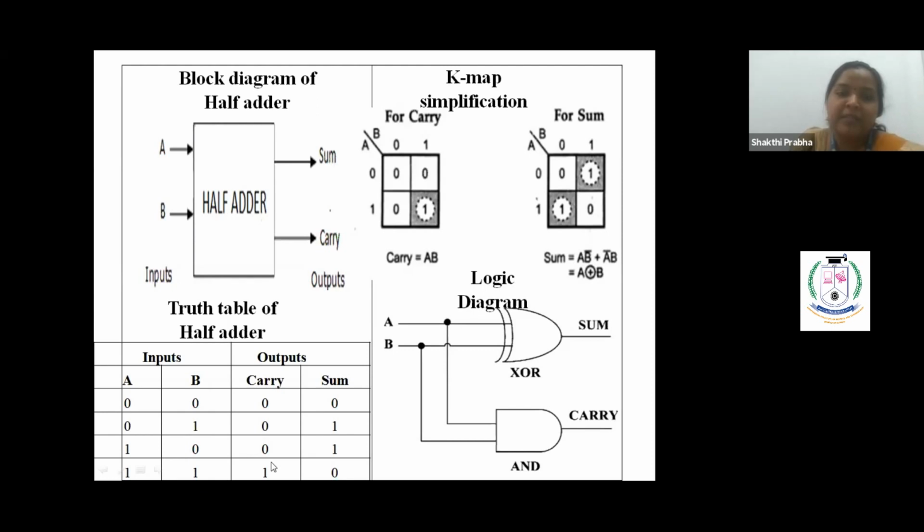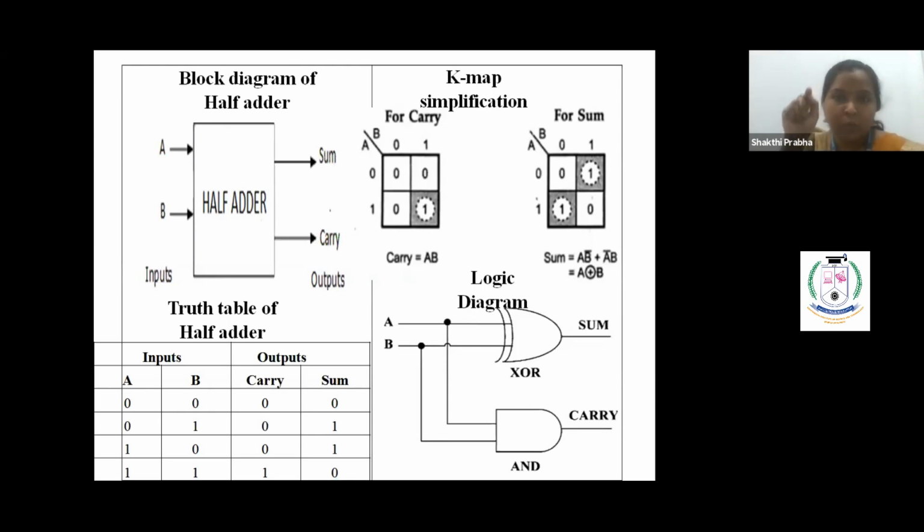How come you are getting it? Normally, you just take an example. You perform a normal decimal addition. 1 plus 1 is nothing but 2. So 2 you divide by the base of the binary. What is the base of the binary? It is 2, which we saw in the previous class. The base or the radix for the binary number system is 2. So when you divide 2 by 2, what will be your answer?